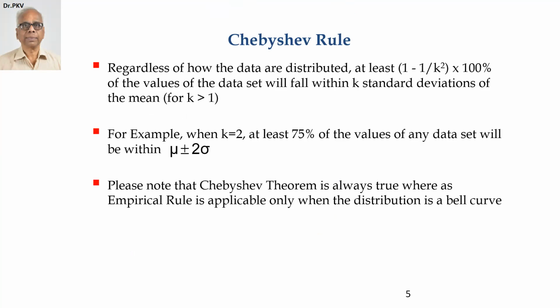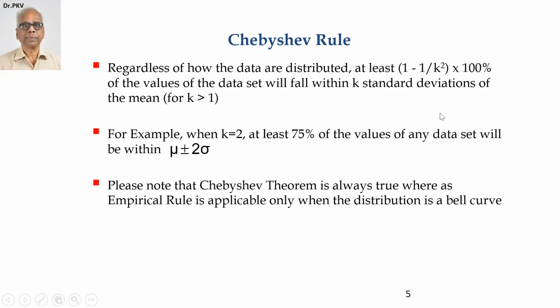So regardless of the shape of the distribution, at least 1 minus 1 upon k squared of the values of the data set will be within k standard deviation departure from the mean, or within plus minus k sigma range from the mean, provided k is greater than 1. So if you multiply this by 100%, it will be expressed as a percentage.